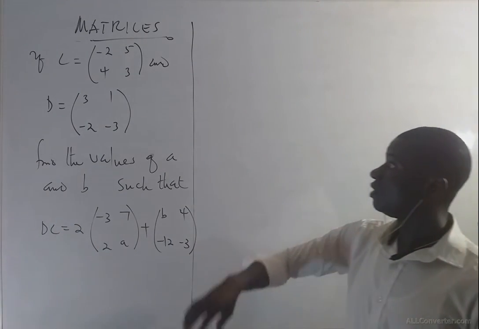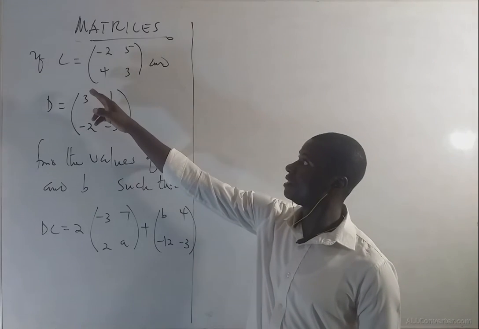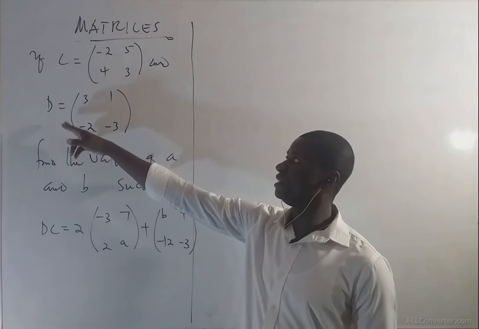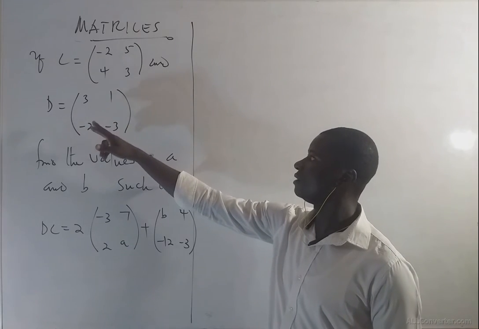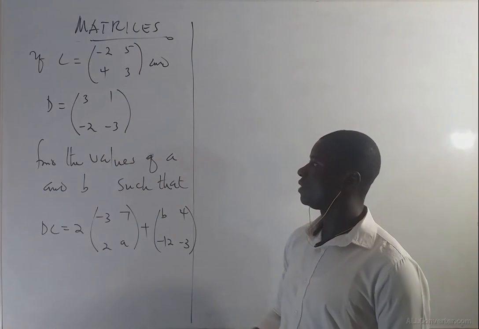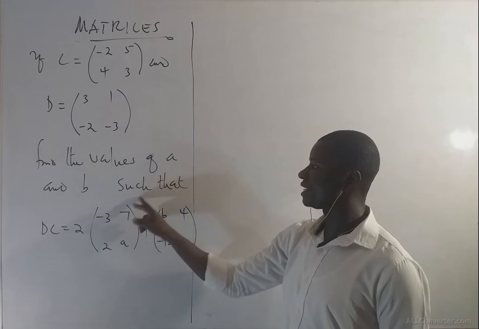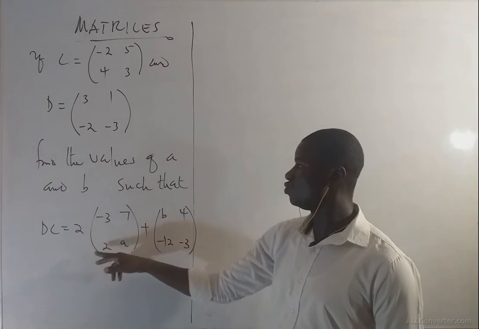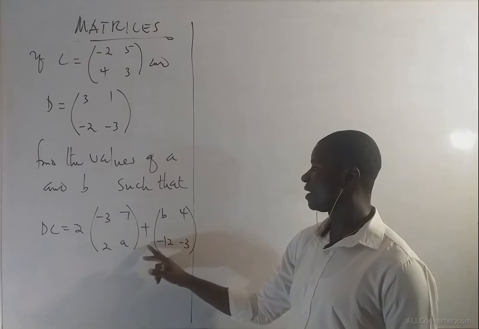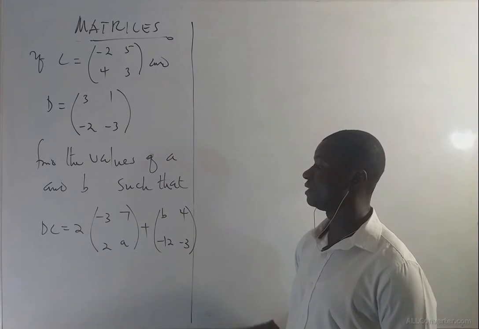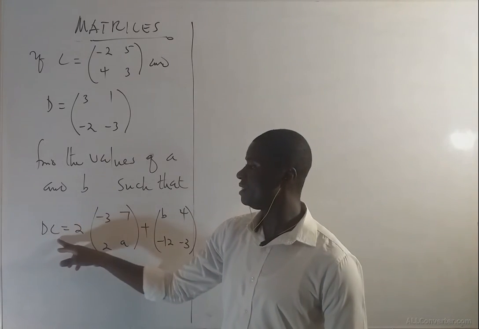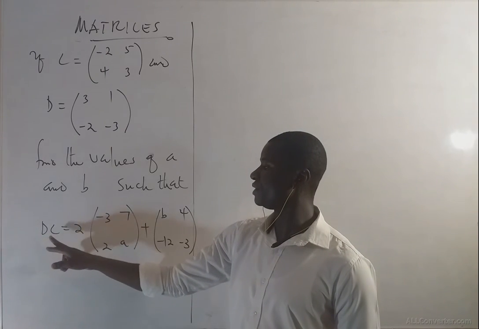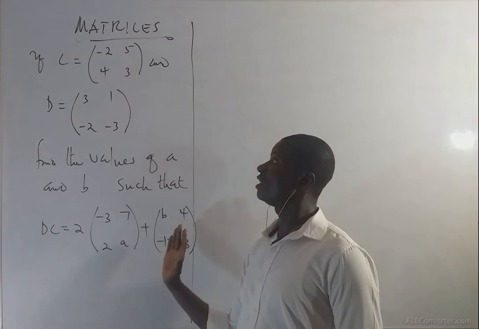Now, we are given matrix C to be (-2, 5; 4, 3) and matrix D to be equal to (3, 1; -2, -3). We have to find the values of A and B such that DC equals 2 times (-3, 7; 2, A) plus (B, 4; -12, -3). Now the DC here means we are supposed to multiply matrix D by matrix C, then you equate to whatever we are given.